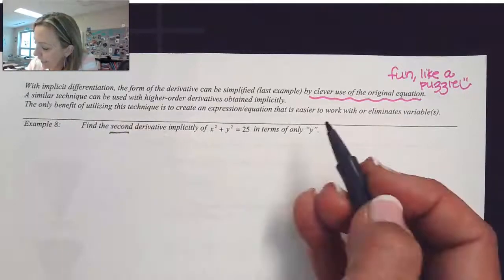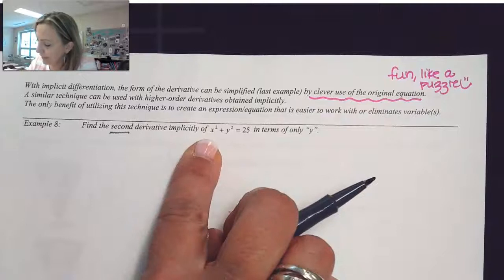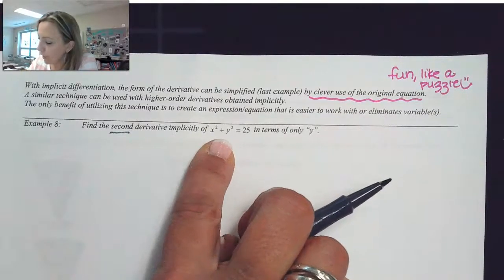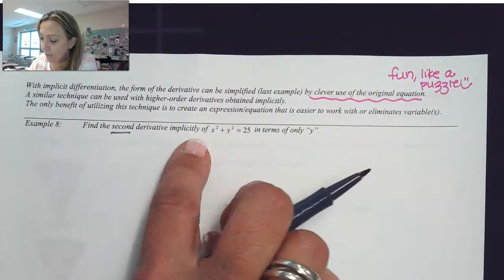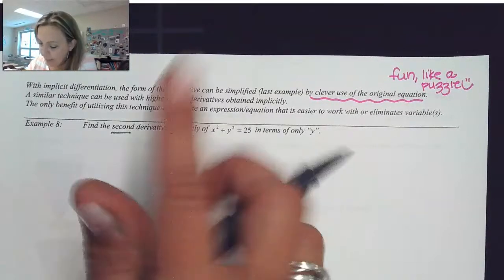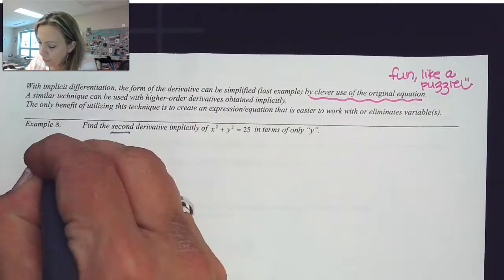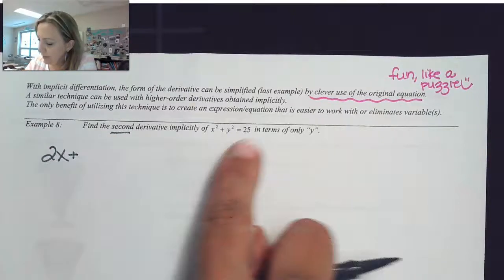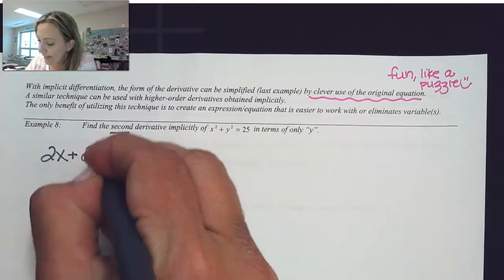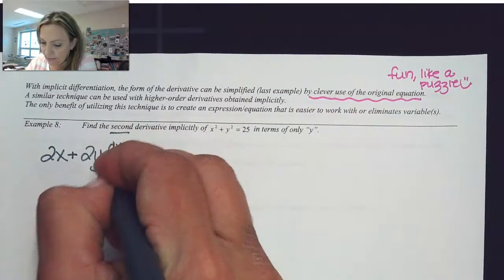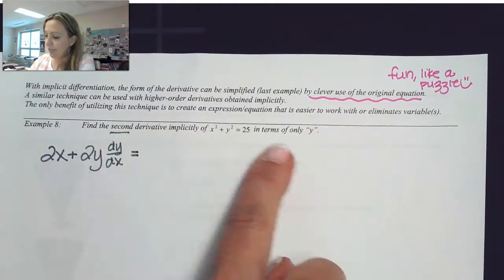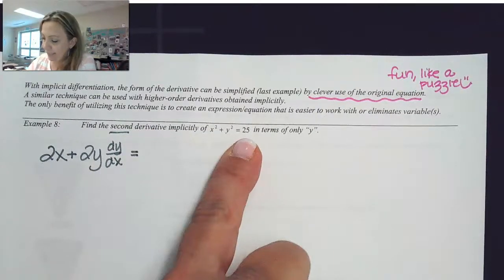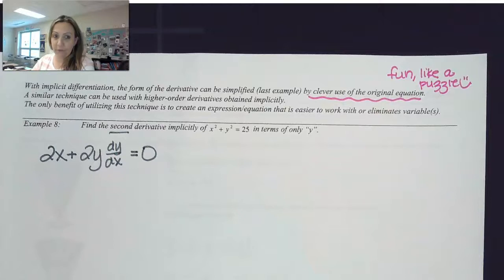So we're going to differentiate x squared plus y squared with respect to x. That's going to give us 2x plus 2y dy dx. And then if we differentiate 25 with respect to x, that gives me 0. Okay, this isn't bad.